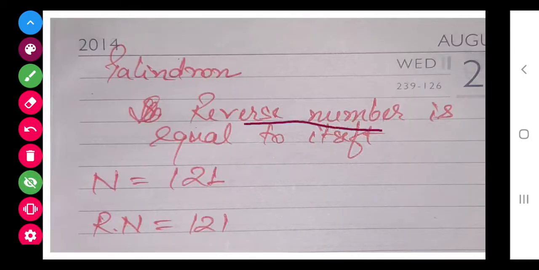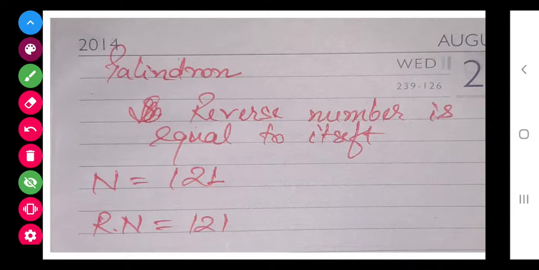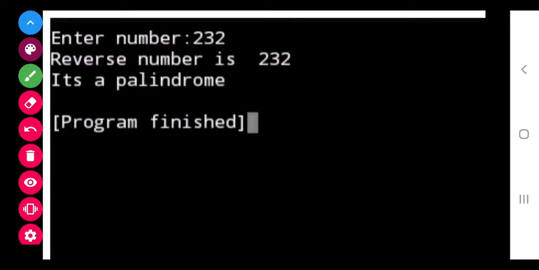The concept is, if the reverse number is equal to itself, then it's a palindrome number, as 121 is a palindrome number. Similarly, when you study string operations, you will see that strings can also be palindromes, like madam is a palindrome string. We will study that later when we move to strings.